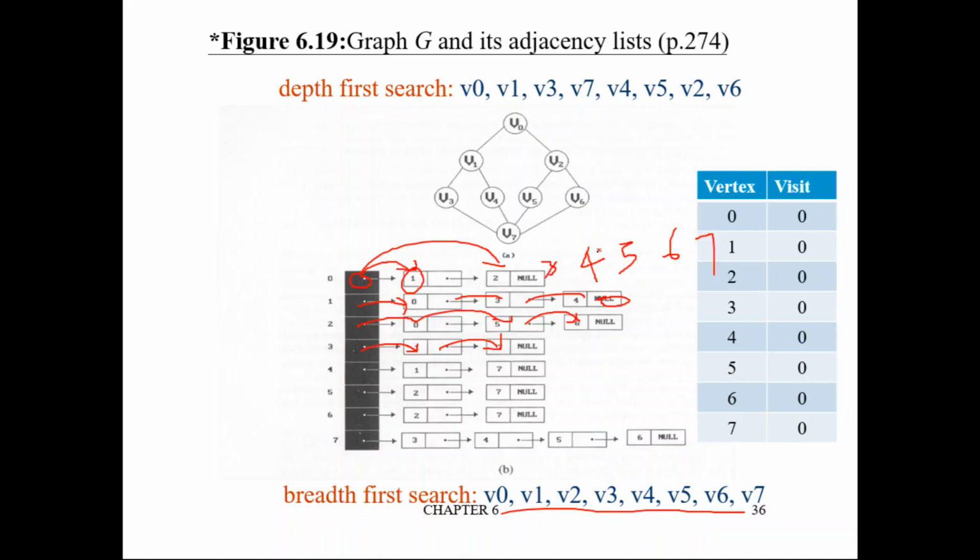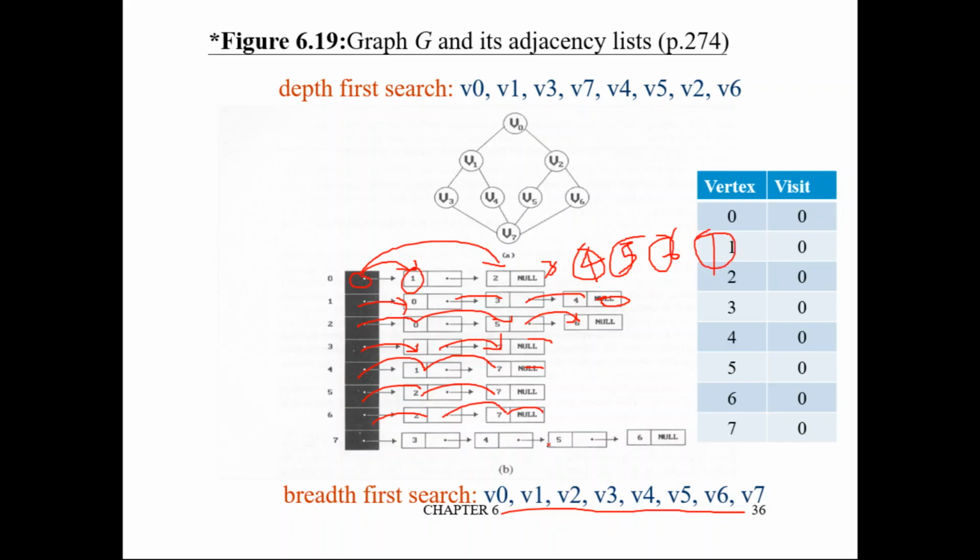Are you getting? Then after reaching null, we remove 4, and visit everything from 4. Actually everything is visited, but still pass through. Then 5, go through 1, 2, 7, then remove 6, pass through 2, 7 and null, then remove 7.